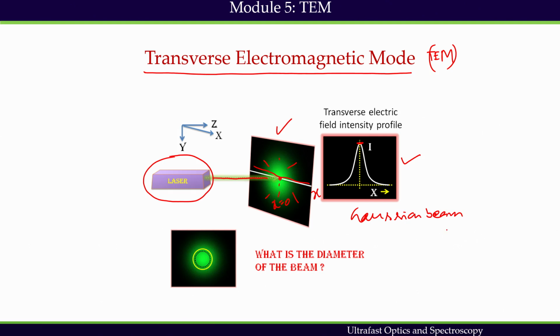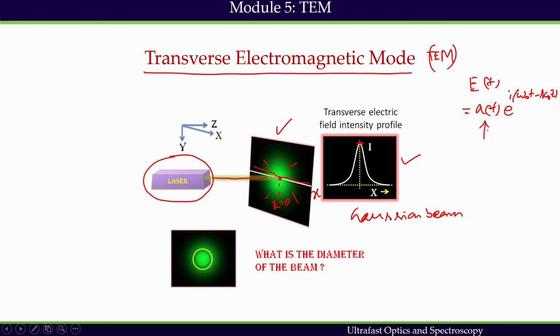Now, we have to distinguish here that if this beam is a Gaussian beam, this is different from the Gaussian envelope which we talked about. The electric field in time domain was expressed as e to the power i omega naught t minus k naught z.